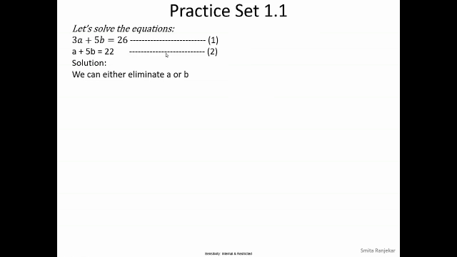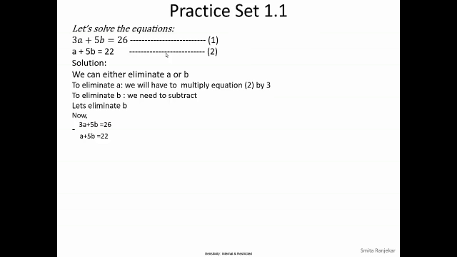When you are subtracting equation, then sign of second equation gets changed. So 3a minus a will become 2a. b is going to get eliminated. 26 minus 22 will become equal to 4. So 2a is equal to 4.